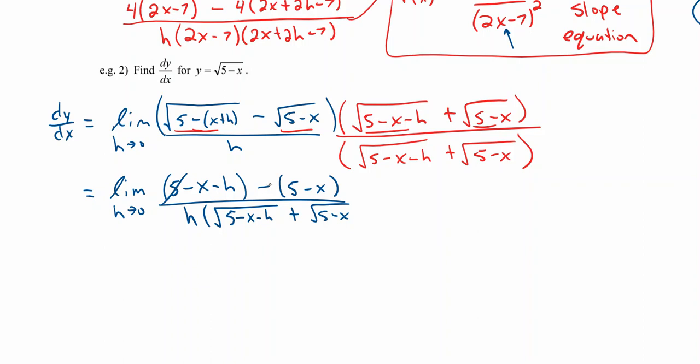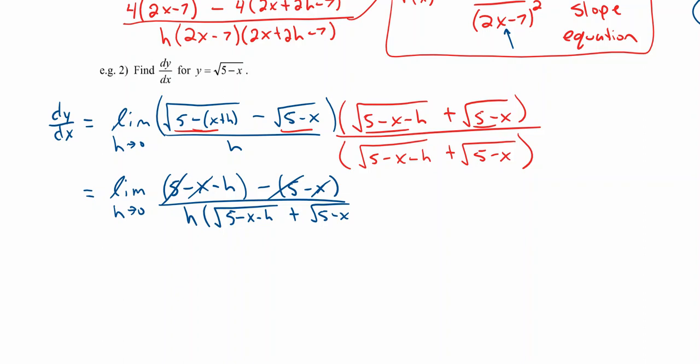Okay, and then, yeah, if we simplify things out here, this would be negative 5 once I distributed the negative in, right? So the 5's cancel out. And then same with the x's, right? Negative x, and then when I distribute this negative in, that'd be positive x, right? So the x would cancel too. So all we're going to be left with here on the top is negative h, right?